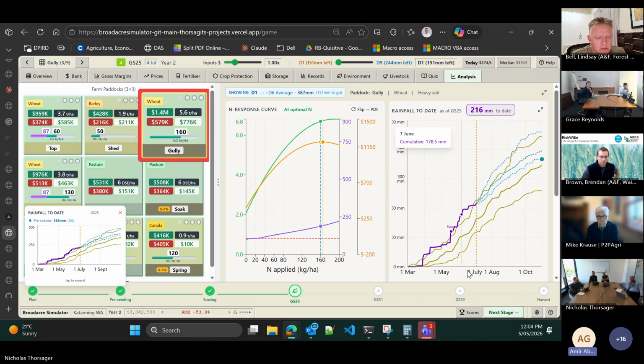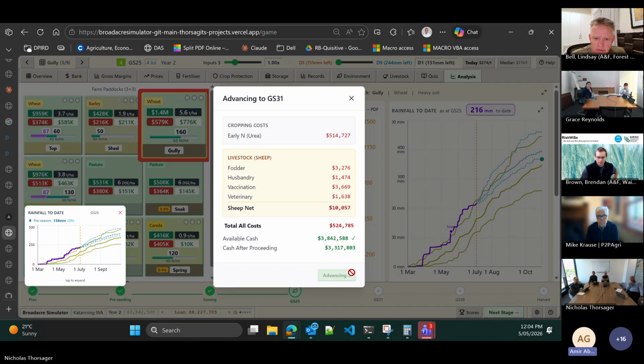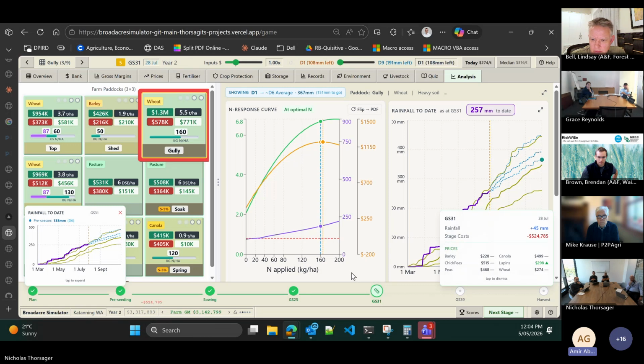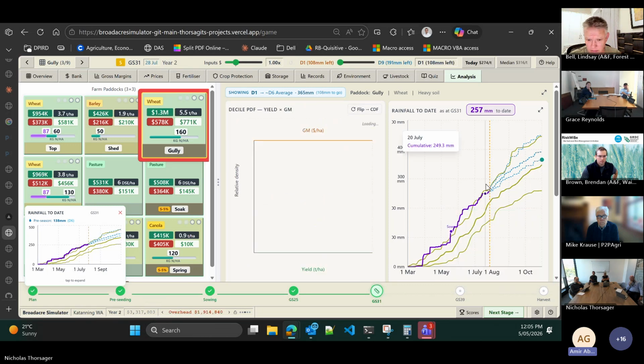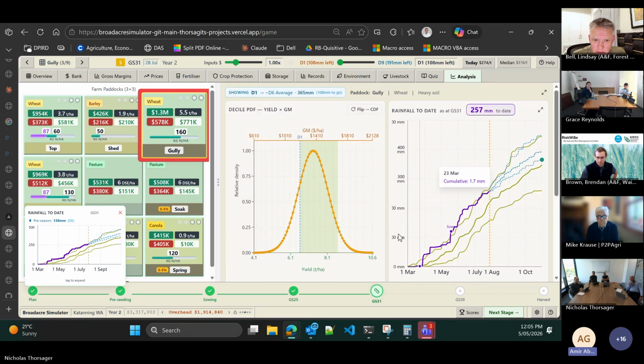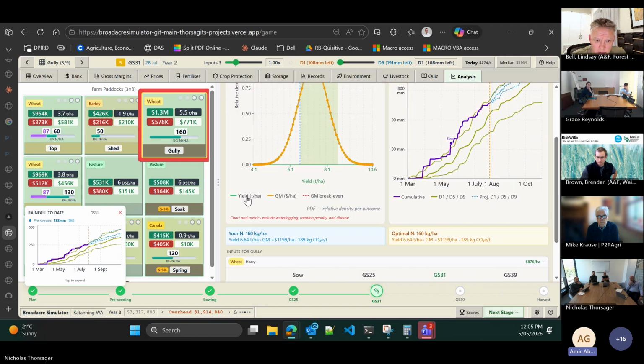And the nice thing is the season always progresses. And you can begin to say, all right, we're happy with our decision. Things have gone well. We then have another chart sitting behind this, which you might be familiar with. And this has a distribution. So we'll just leave it on yield.